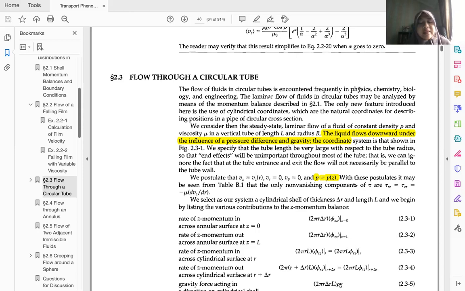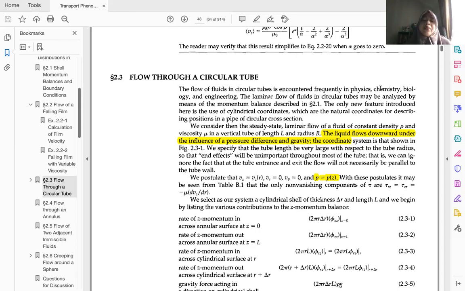Also in physics and chemistry, we have a lot of applications of circular tubes. In chemical engineering, for example in designing chemical plants that run day to day, we always encounter pipelines, and in those pipelines there is flow of fluids.